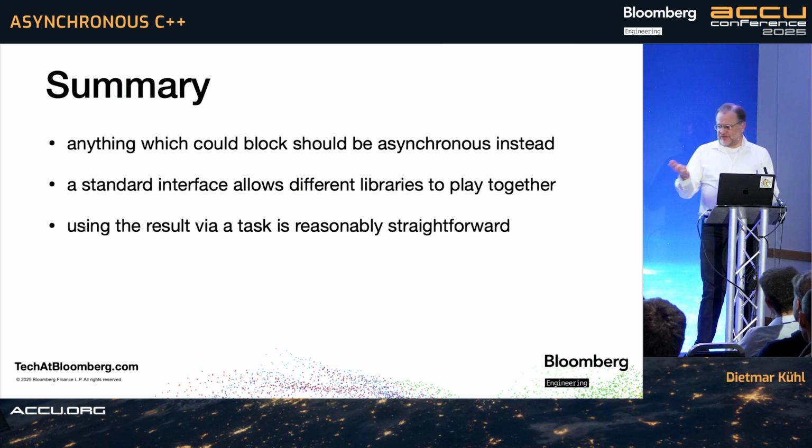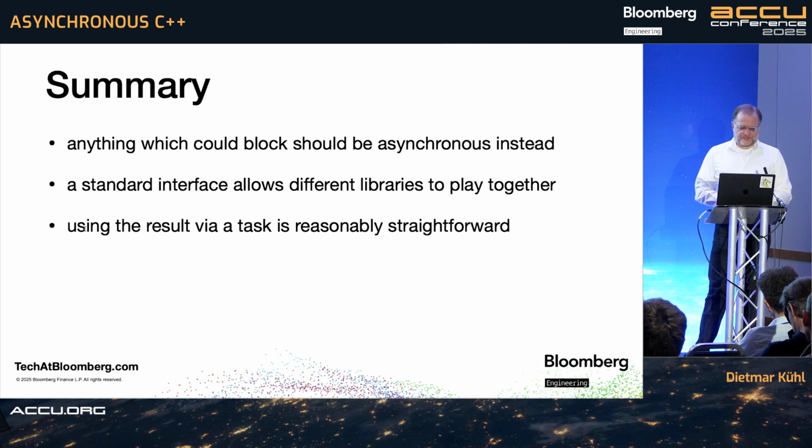It can be done: I create a sender which represents that work, and create an operation state internally. Once I start that, I call whatever the underlying library does. Using all of that via a task, which unfortunately may not make C++26, should be reasonably straightforward.